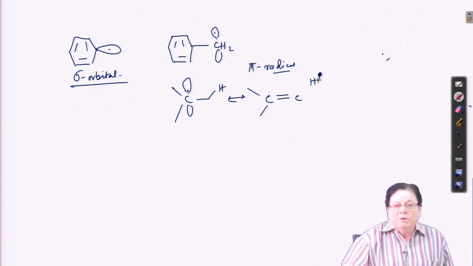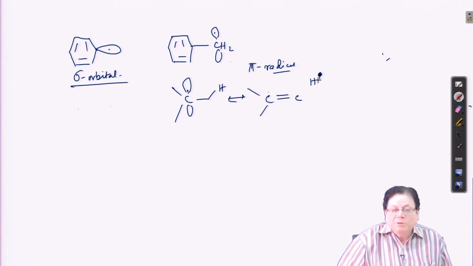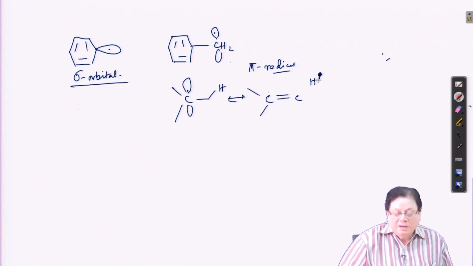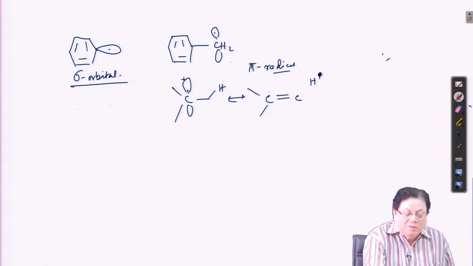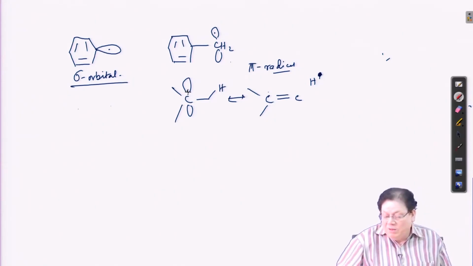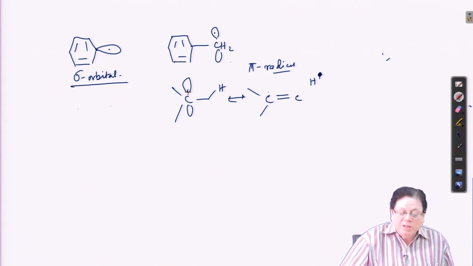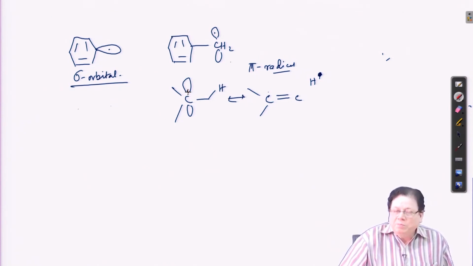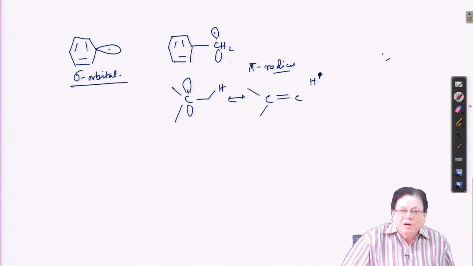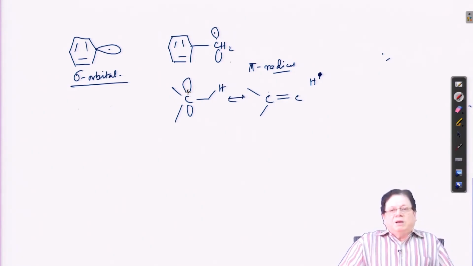This type of hyperconjugation is there, and that will stabilize this molecule. Not only that, it will allow the carbon radical to stay in a p orbital, and that is why they are called pi radicals, because they belong to a network of a larger pi system.